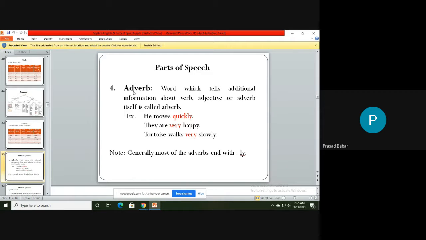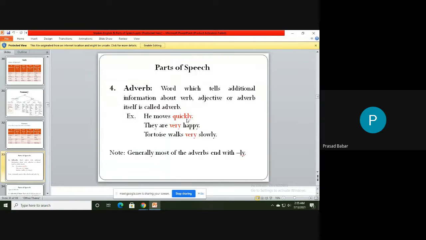So let's repeat the definition of adverb: a word which tells additional information about a verb, adjective, or adverb itself is called an adverb. In Marathi we can call it kriya visheshan, and it tells more information about a verb, adjective, or adverb. So what are the examples? Let's discuss the examples. He moves quickly.